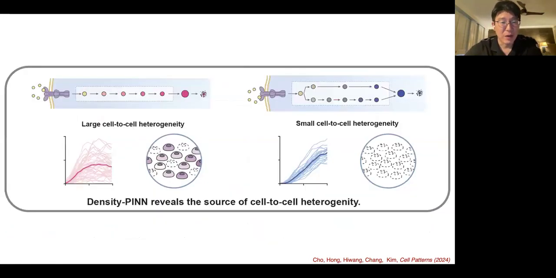So the summary of this work was, if there is a signaling pathway with a unimodal time scale, then we can expect that the response to the signal will be very heterogeneous across the population. On the other hand, if there is a combination of slow and fast pathways, then the heterogeneity will be small, so that we will get a homogeneous response to the drug.